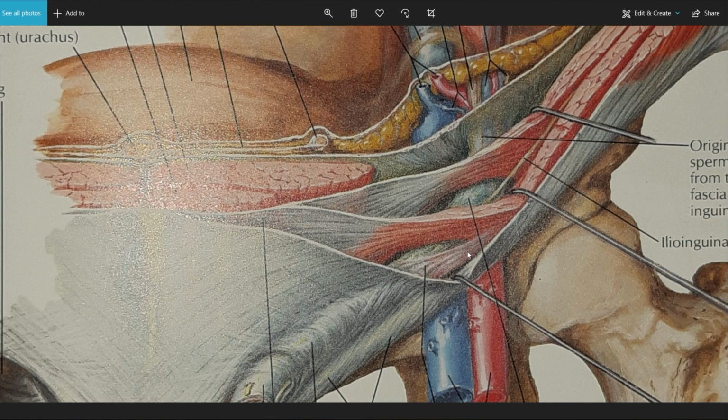It's actually an extension of the internal oblique muscle. We'll talk about it in a later discussion. But the cremasteric fascia is derived more or less from the internal oblique muscle, and it is also constituted by the cremaster muscle. So the second layer is the cremasteric fascia.